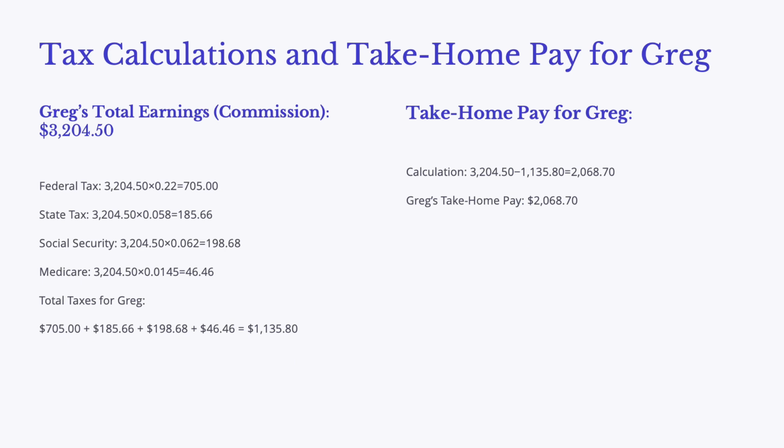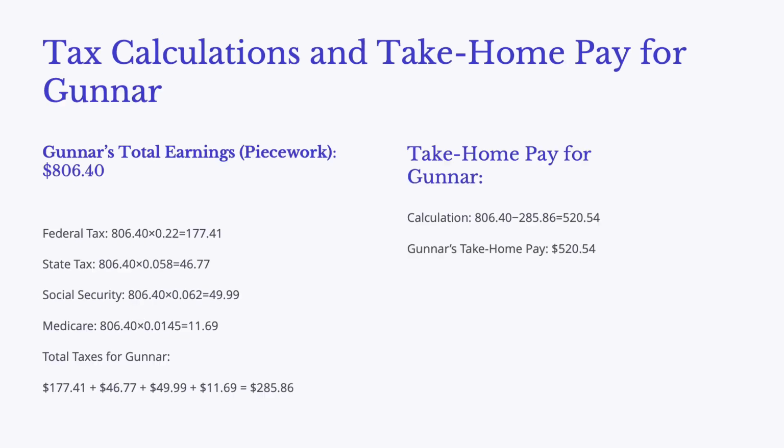Let's look at Greg's tax calculation and take-home pay. His commission-based earnings total $3,204.50, and after deducting $1,135.80 in taxes, his take-home pay is $2,068.70.